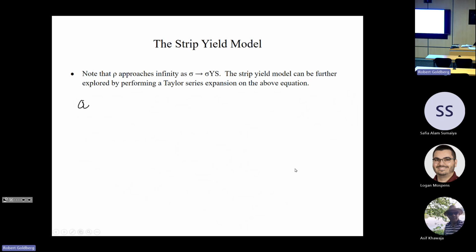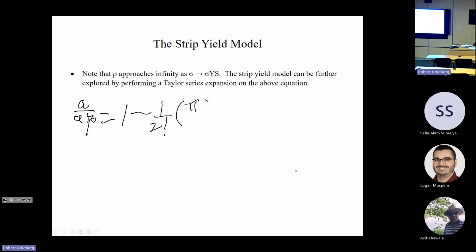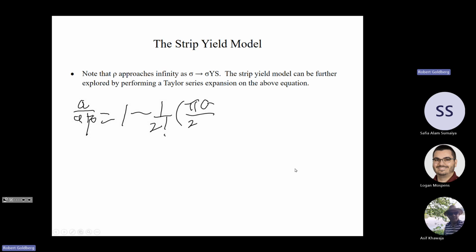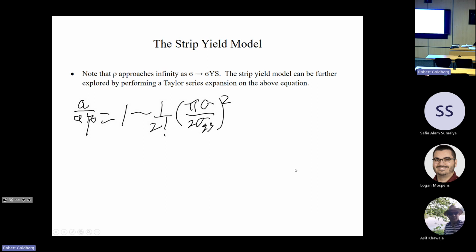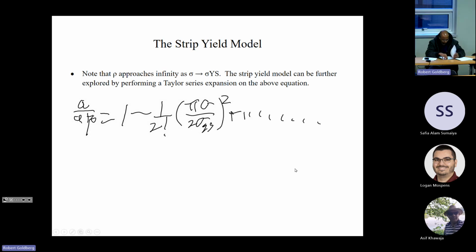So we can say that a over a plus rho is equal to 1 minus 1 over 2 factorial, which is just 2, times pi sigma over 2 yield stress squared, plus a bunch of other stuff, which is higher order terms that we're going to neglect.